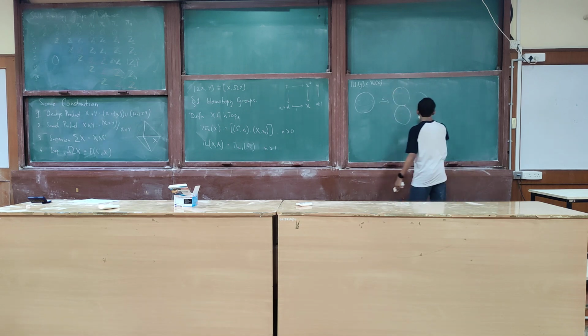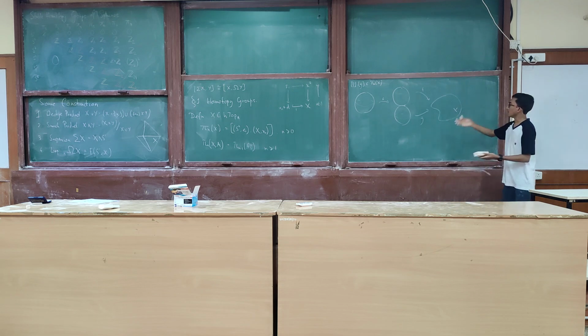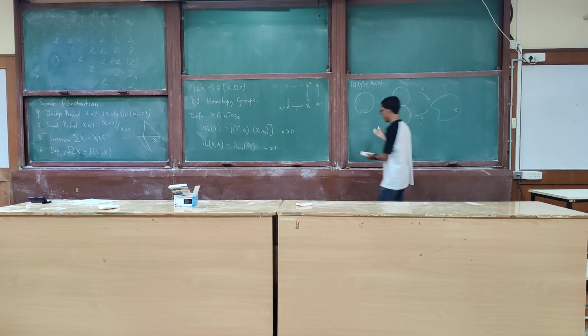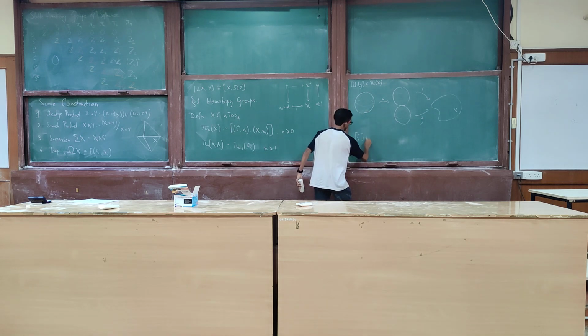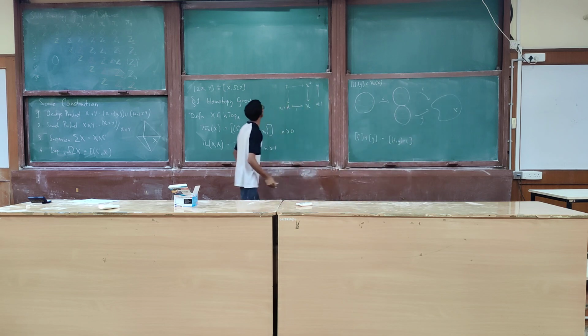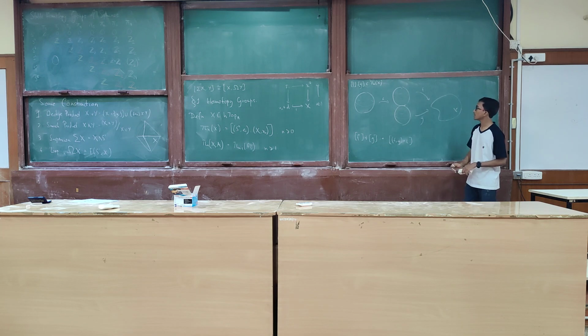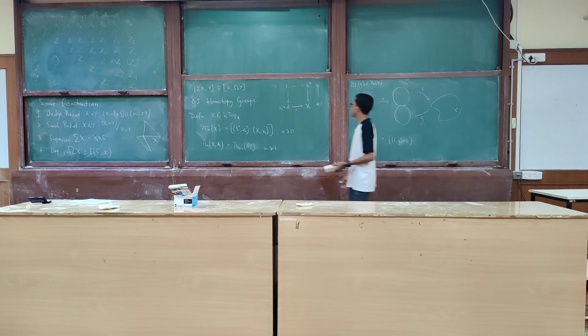This is the pinch map, and you apply f to that component and g to this component to get to your space X. This is a well-defined map, and you define f plus g as the homotopy class of this composition. So this is the group operation that we want to define on our fundamental group and the homotopy groups. You can check that this is the operation that we need.